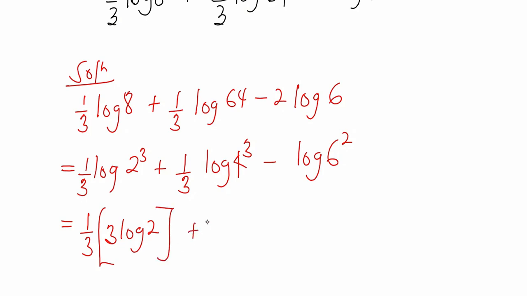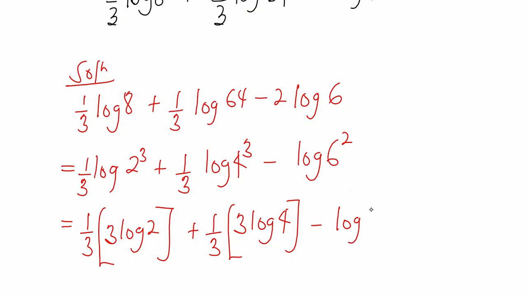We also have here 1 out of 3. The same thing applies to 3 logarithm of 4, and we maintain the same thing, so we have logarithm of, now 6 squared gives us 36.